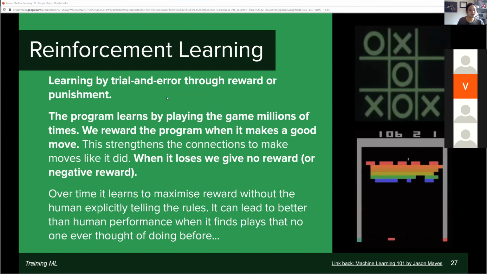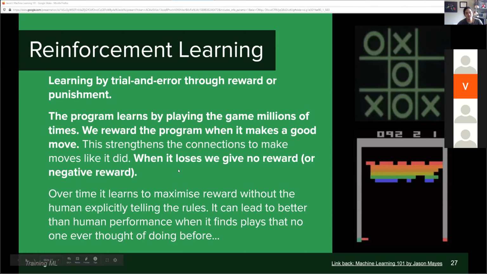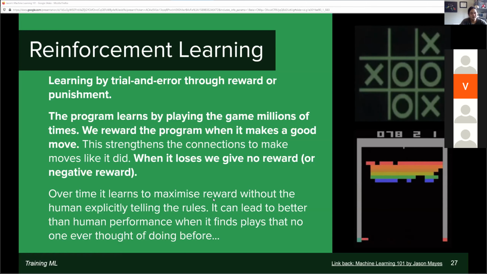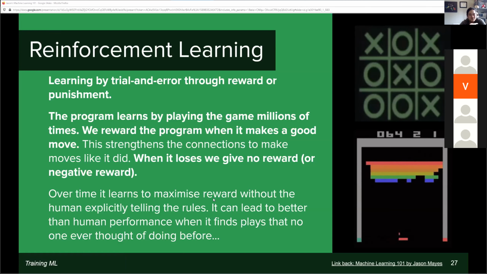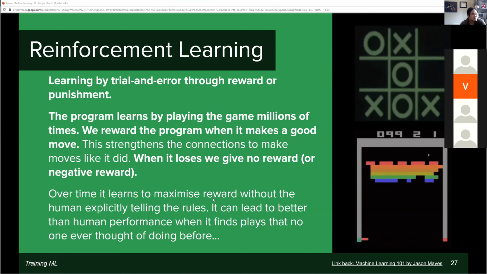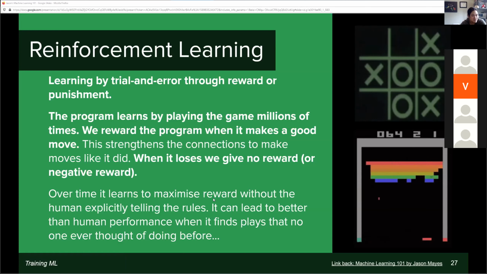Okay, reinforcement learning is learning by trial and error through reward or punishment. The program learns by playing the game millions of times. We reward the program when it makes a good move. This is essentially exactly how your brain works. If you reinforce good behavior, like handing things in on time, reviewing and taking notes, you essentially reinforce those good behaviors.